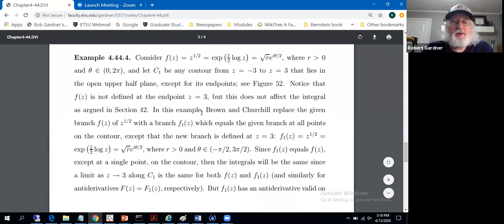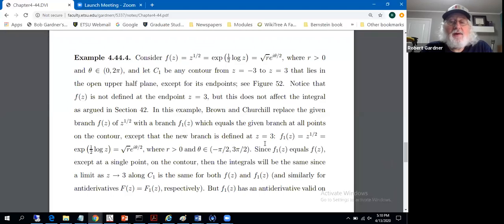So Brown and Churchill are going to replace the given branch of f of z, the z to the 1/2, with a branch f1, which is the same on all the points on the contour, except that it's defined at z equals 3. All right, this is effectively the same as taking limits. So the branch of the logarithm they're going to take is a different one. It's got a branch cut along the negative imaginary axis.